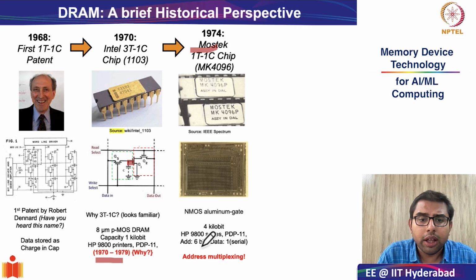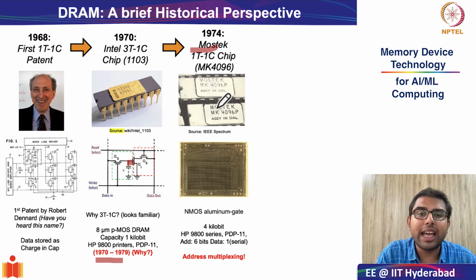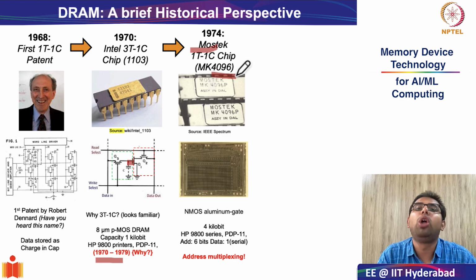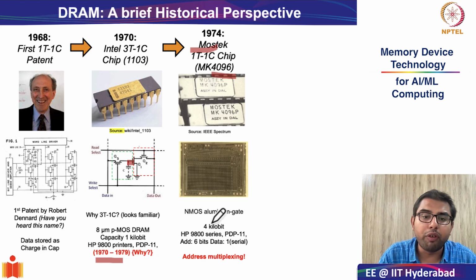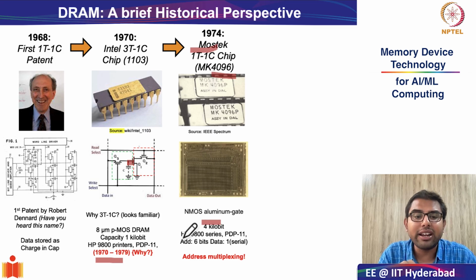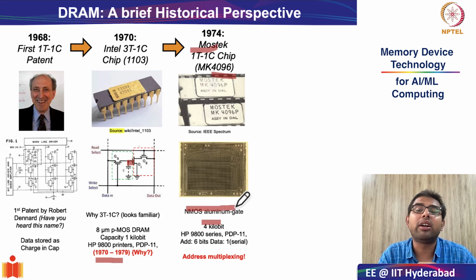So the first chip which contained the 1T 1C cell was the MK4096. So the 4096 basically tells you what is the capacity of the DRAM cell. It was 4 kilobits, and it was also used in HP 9800 printers, and it used for the first time the NMOS aluminum gate technology.